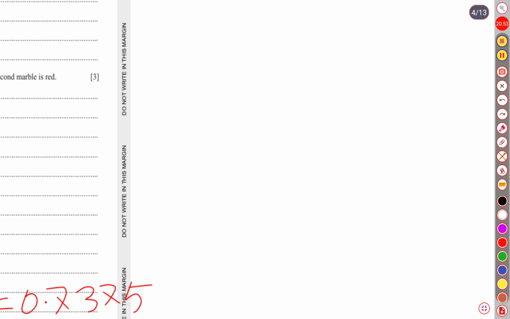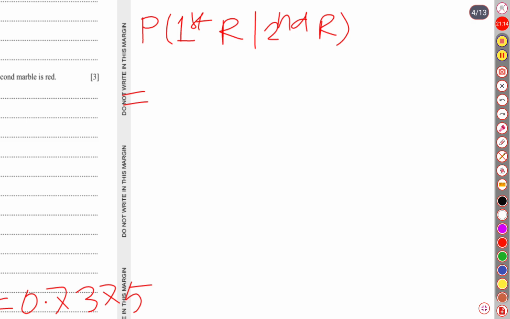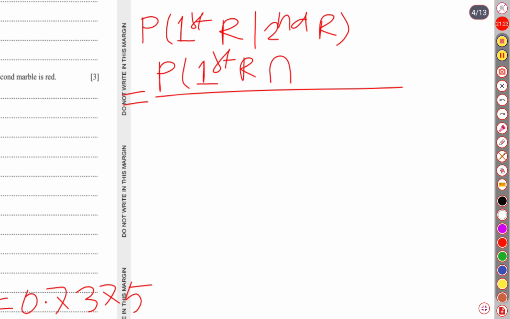So our question is: the probability of the first one is red, given that the second one is also red, equal to the probability of first R intersected by second R, the second one is also R, over the probability of simply the second one is red.